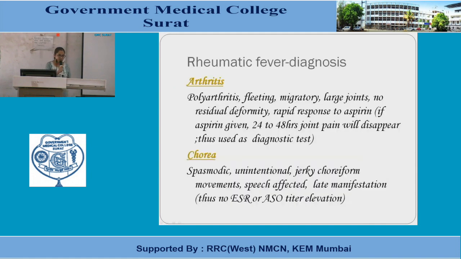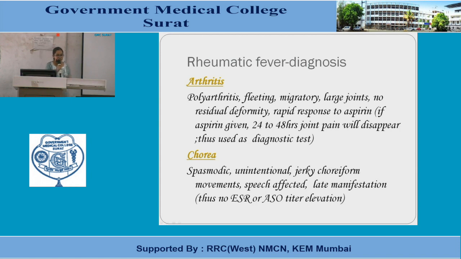Now, apart from cardiac lesions, other extracardiac lesions are arthritis. It is a migratory polyarthritis. Pain and swelling subside in one joint while the other joints tend to get involved. So it is a migratory polyarthritis.